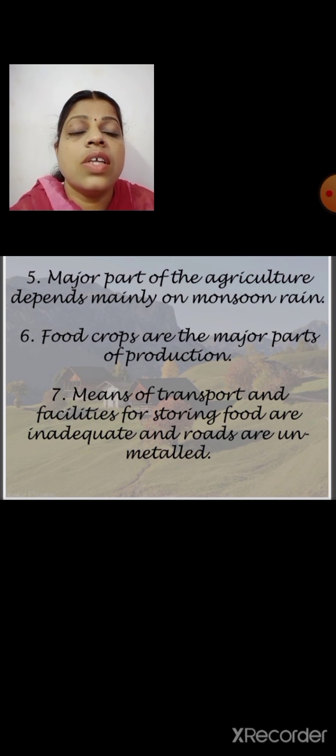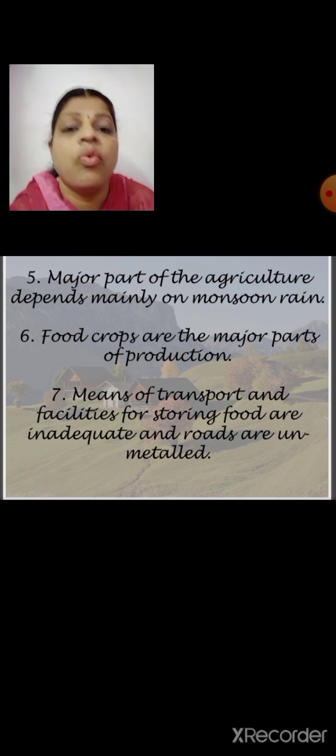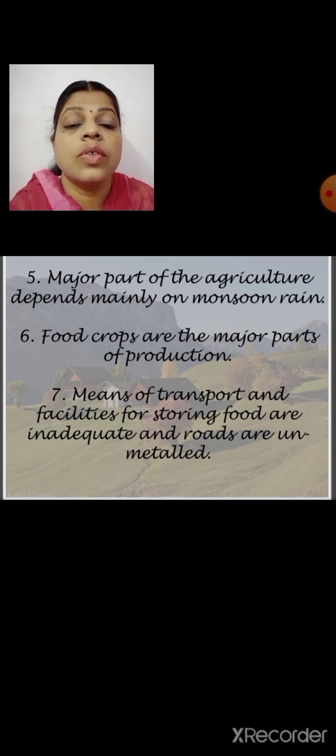The next one is, the major part of agriculture mainly depends upon the monsoon rain. Our Indian agriculture heavily relies upon the monsoons. And food crops are the major part of production.